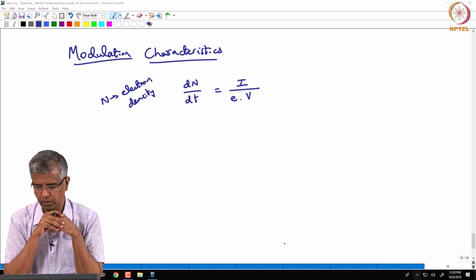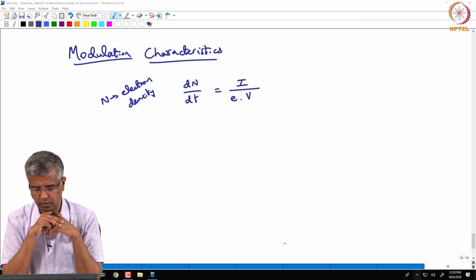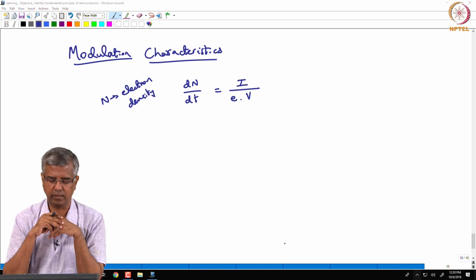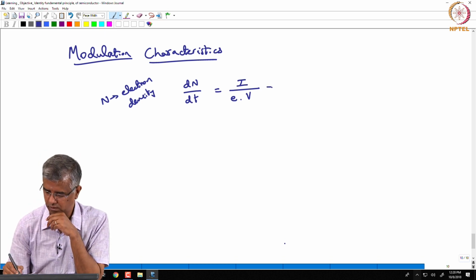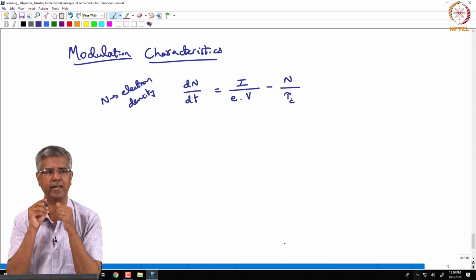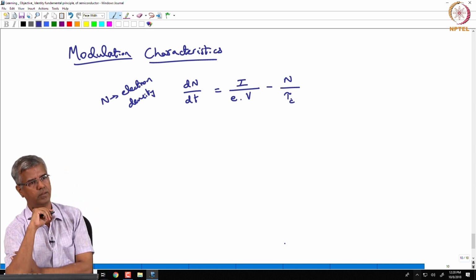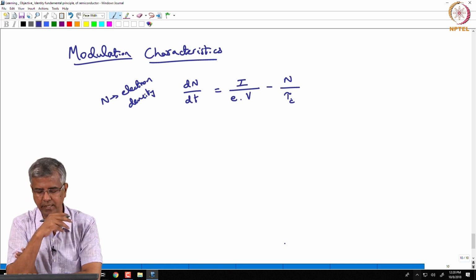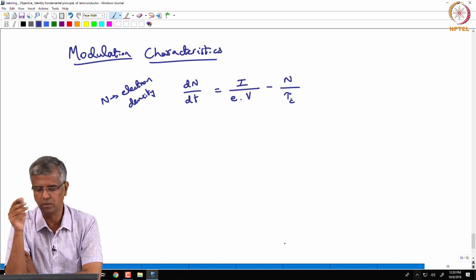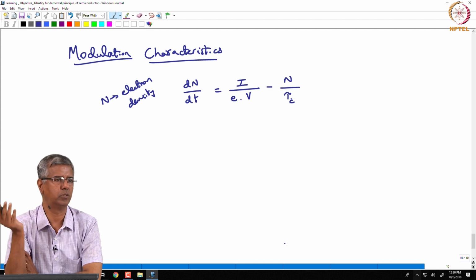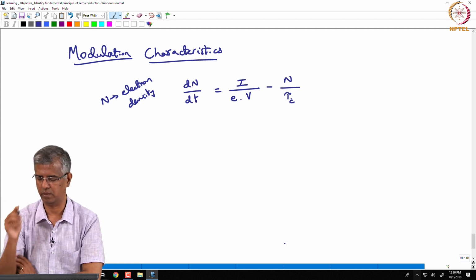So, that is the rate at which the number density is increasing, but it is also decreasing. The rate at which it is decreasing would correspond to, if n is my number density, n over some carrier lifetime, right. The carriers would end up either recombining, the electrons recombining with holes, or it could also be lost due to non-radiative relaxation, non-radiative process.